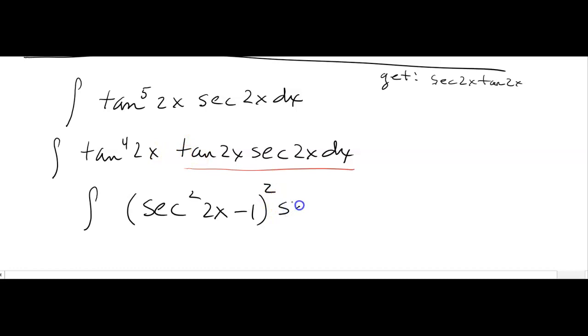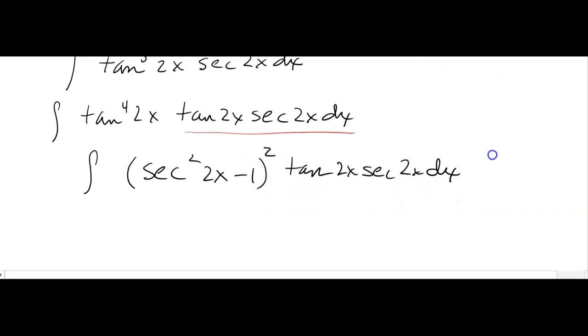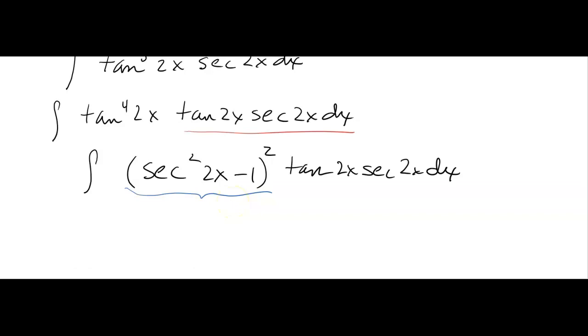And then you have, remember, all you need is this piece just to have secants in it in order to do your u sub. Then we can change everything to u's and they're much easier to work with.